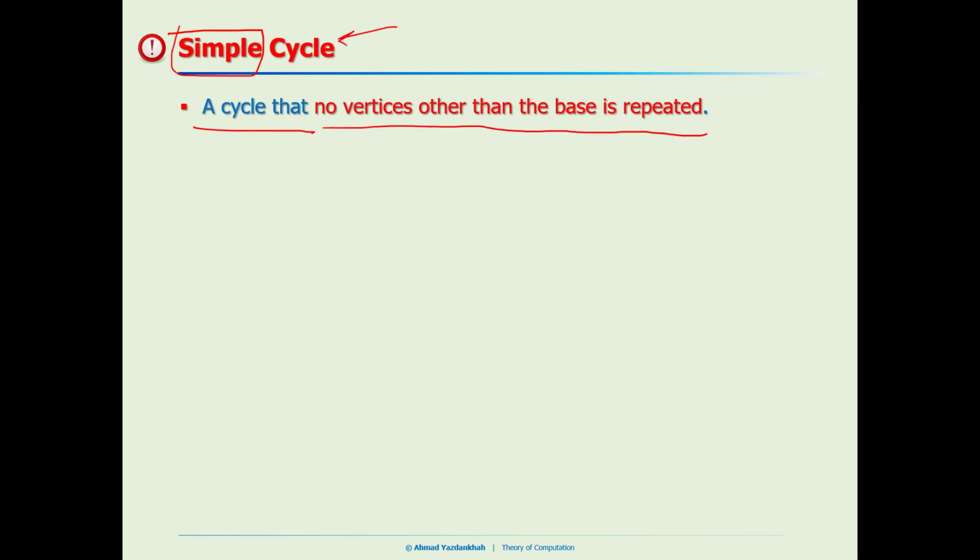So the base is the only vertex that can be repeated twice, not more than twice. Pay attention, please. So it is a cycle, first of all, and no vertices other than the base is repeated.